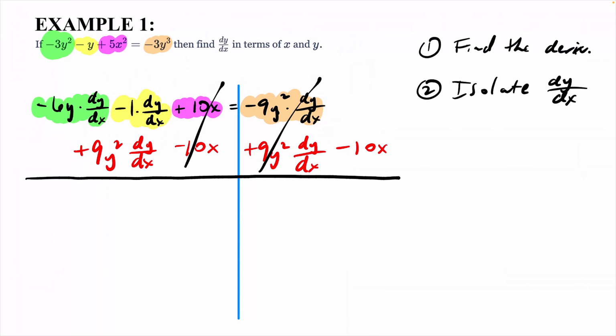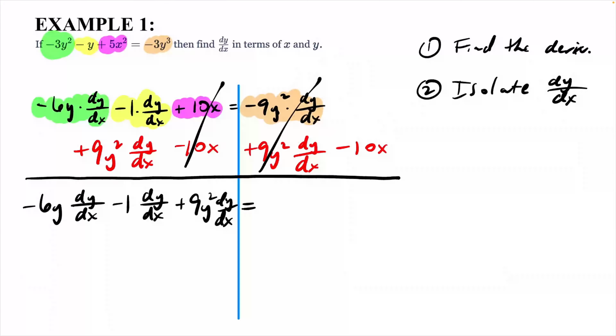Okay. So over here I have negative 6y dy over dx minus 1 dy over dx, and then now I have a 9y squared dy over dx. And then on the other side, I just have a negative 10x.